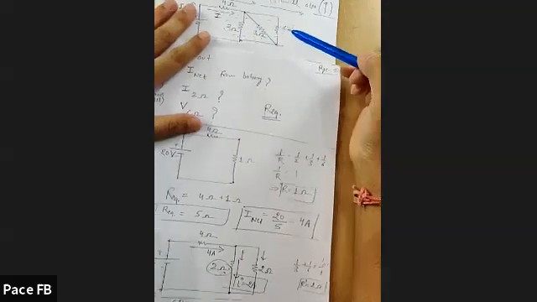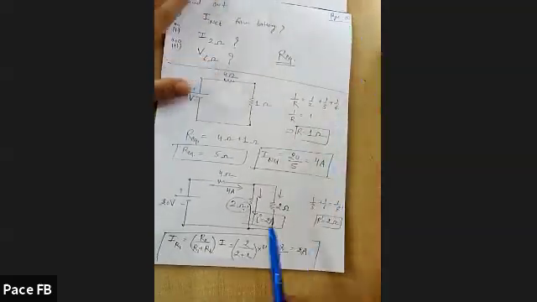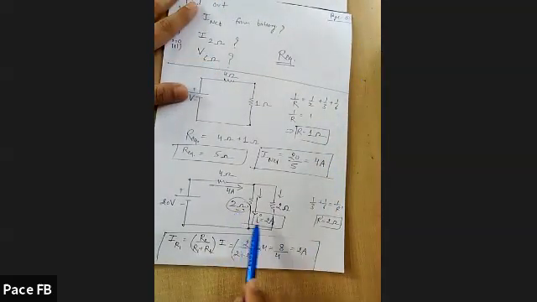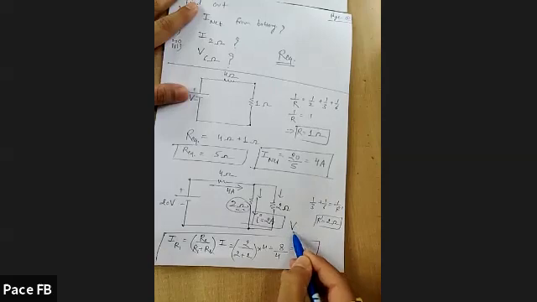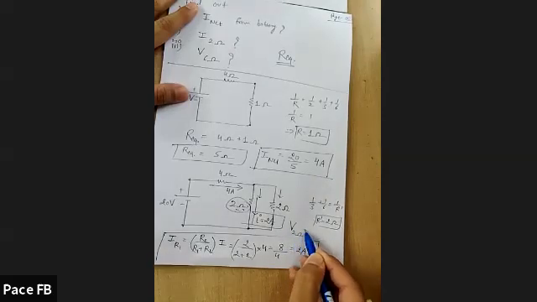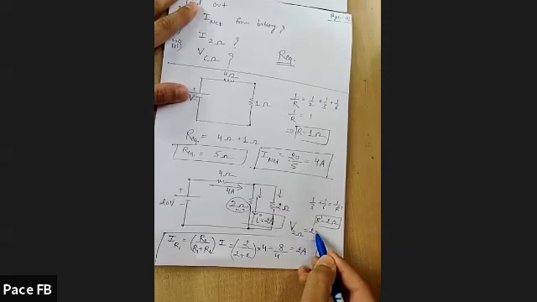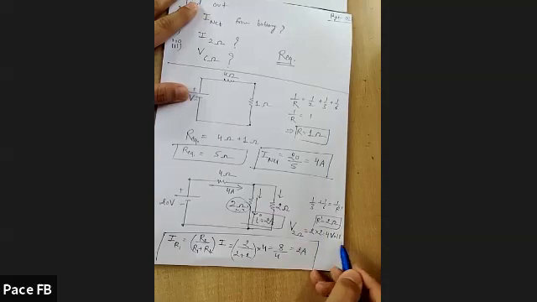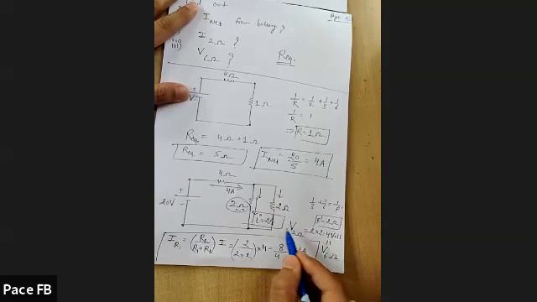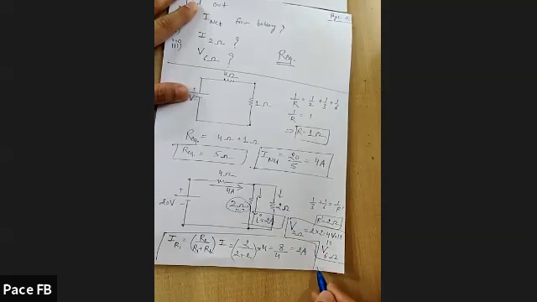And you already know the current passing through this 2 ohm. It is 2 ampere. Then what is the potential difference across 2 ohm? Potential difference across 2 ohm would be I into R. Current passing through it is 2 and resistance is 2. That is equal to how much? 4 volt. And this would be the answer for the potential difference across 6 ohm. Answer would be 4 volt.